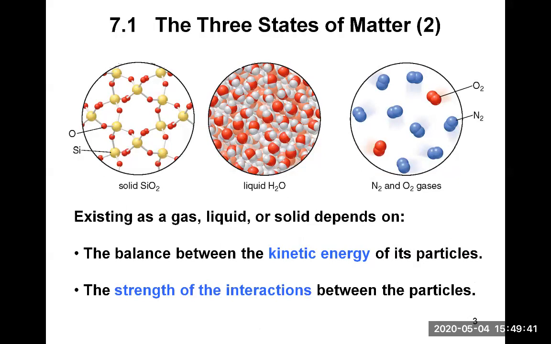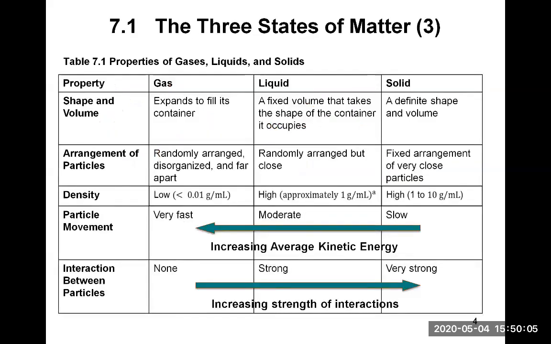So existing as a gas, liquid, or solid depends on the balance between two things: the kinetic energy of the particles and the strength of the interactions between the particles. The balance between these two things will determine if you have a solid, a gas, or a liquid at room temperature. And so let's go over this using this table that summarizes the properties of liquids, gases, and solids.